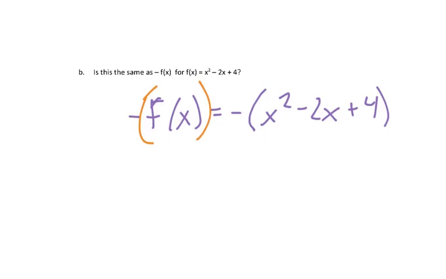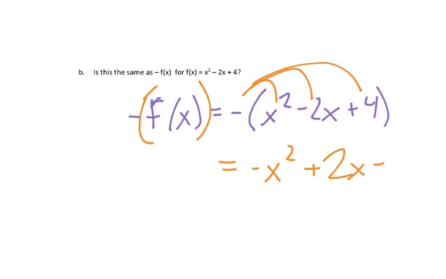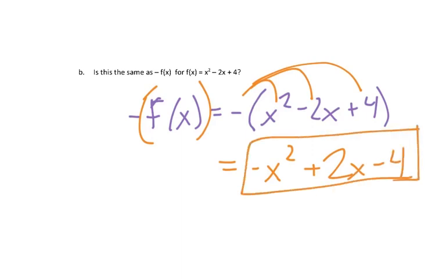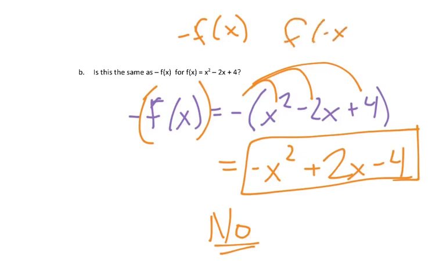When we have a negative in front of parentheses, we have to distribute that negative. So we get negative x squared plus 2x minus 4. And that's not the same thing as we had just a minute ago. So again, where the negative is matters, whether it's outside or inside.